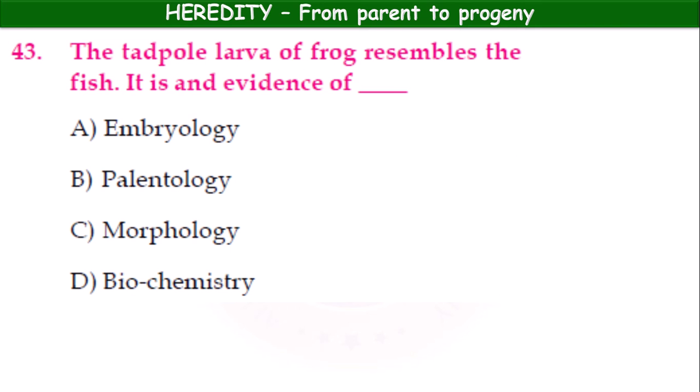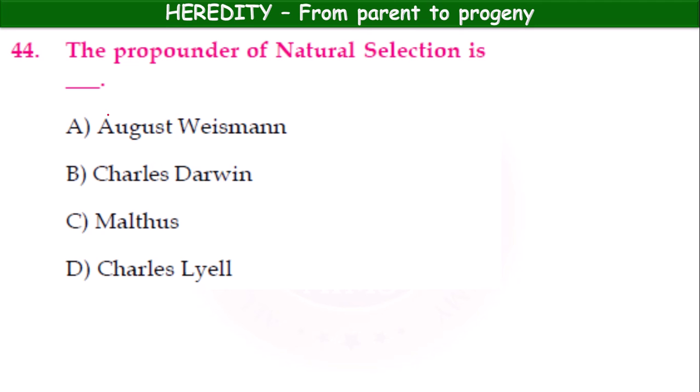Next, the tadpole larva of frog resembles the fish. It is an evidence. Which evidence? Embryological evidence, paleontological evidence, morphological evidence, or biochemistry. It is embryological evidence. The propounder of natural selection is August Weismann, Charles Darwin, Malthus, or Charles Lyell. Charles Darwin.